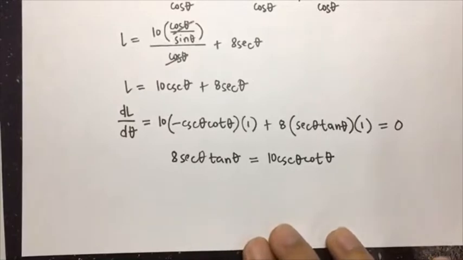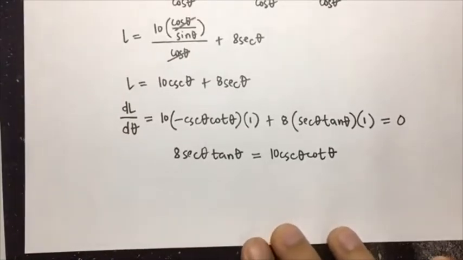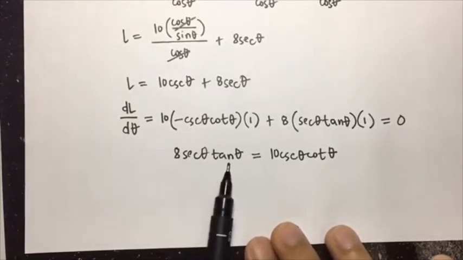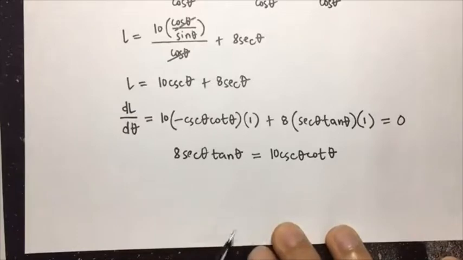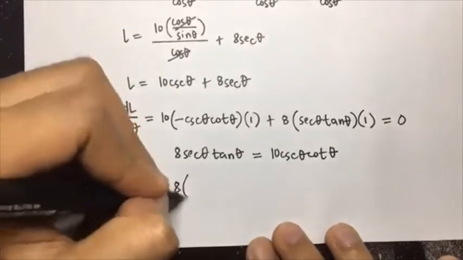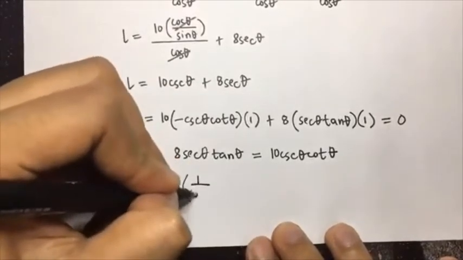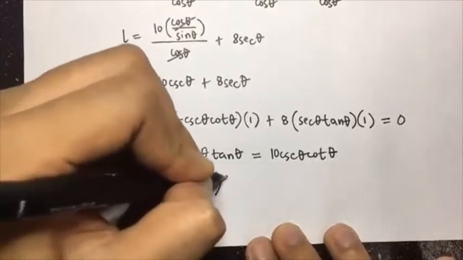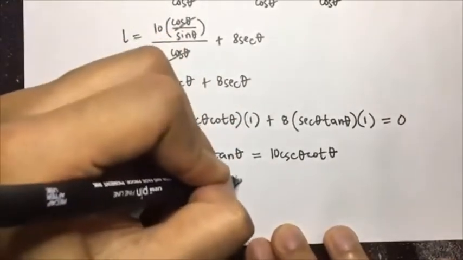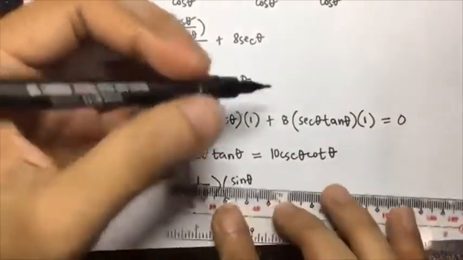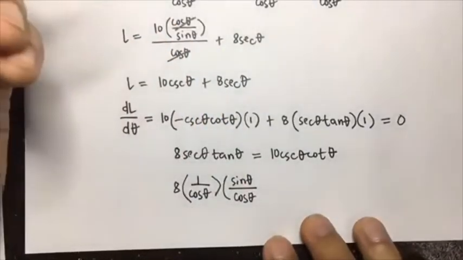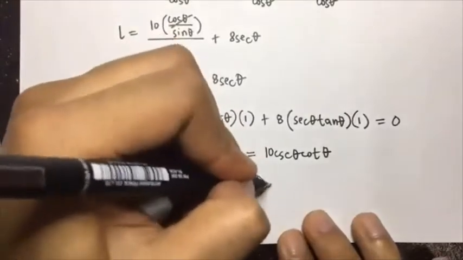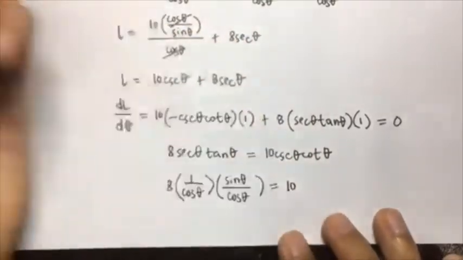Okay, so to see it better, it's better to express all in terms of sines and cosines. So 8 secant theta is 1 over cosine theta. Tangent theta is sine theta over cosine theta, is equal to 10.